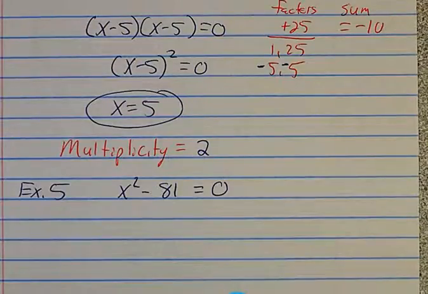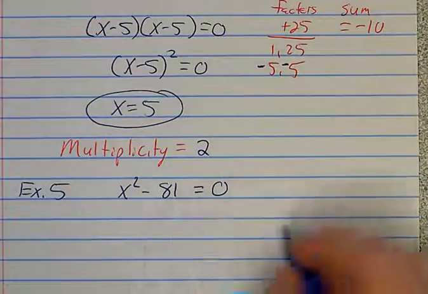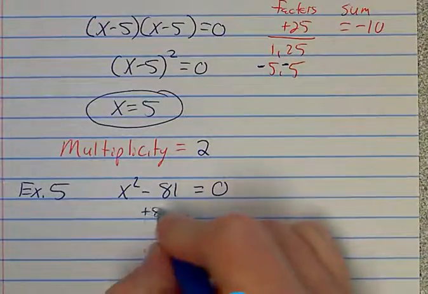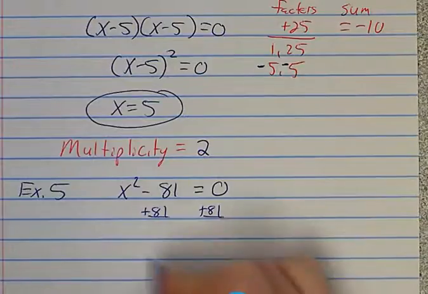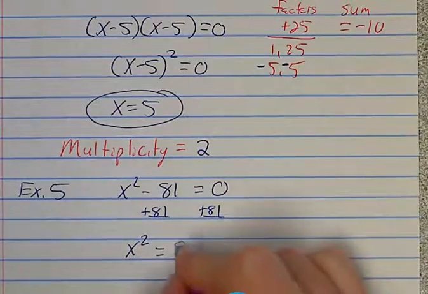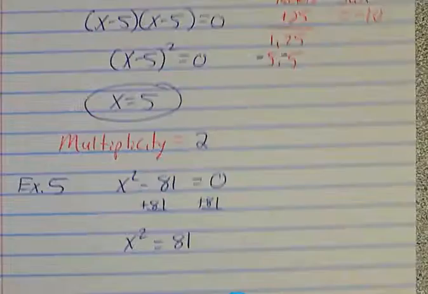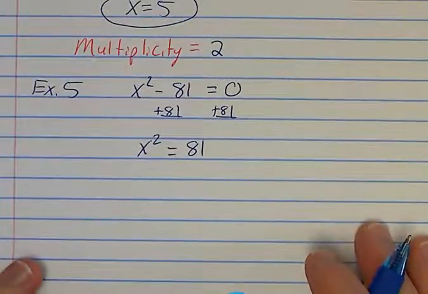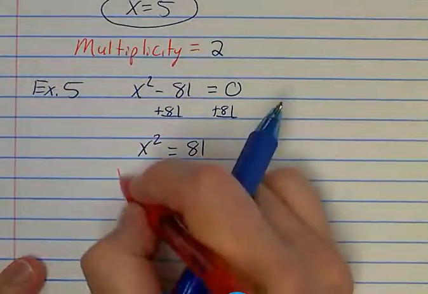Anybody got any thoughts on this one? Okay, you could get x squared by itself and then square root both sides like we did on the first example, right? So you could add the 81 over to both sides. So now you've got x squared equals 81. And then just square root both sides.